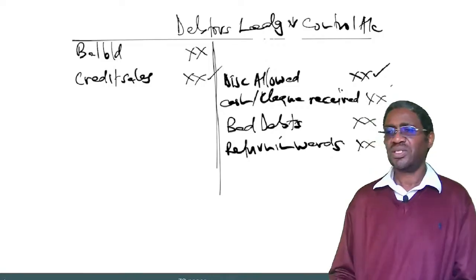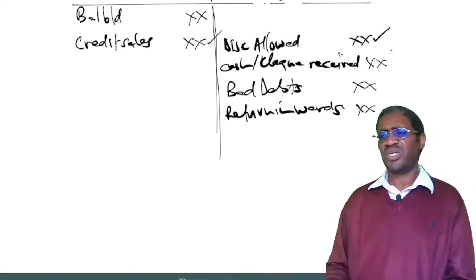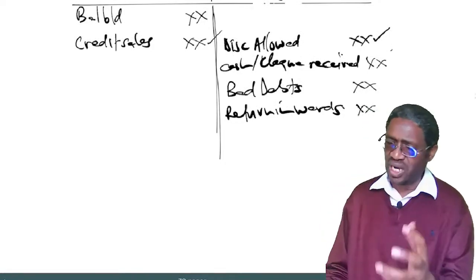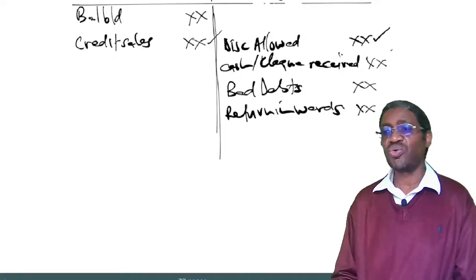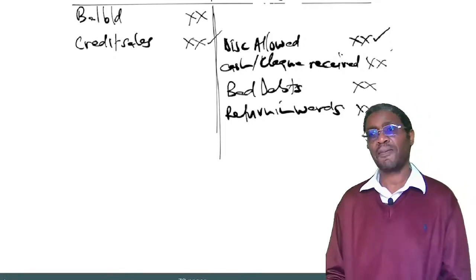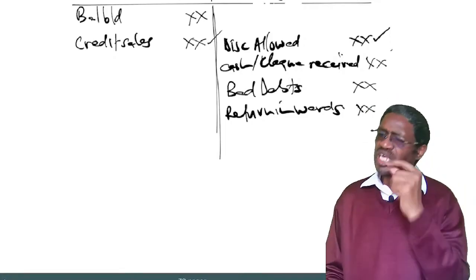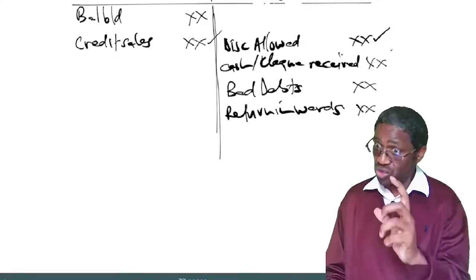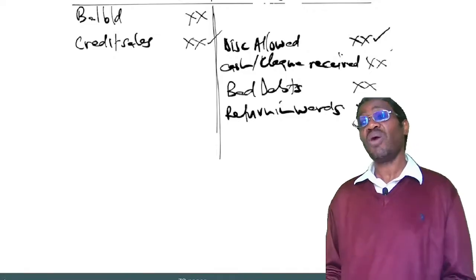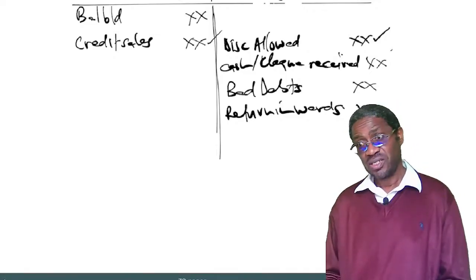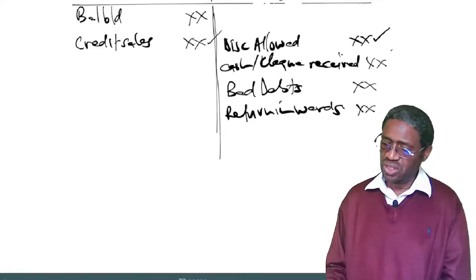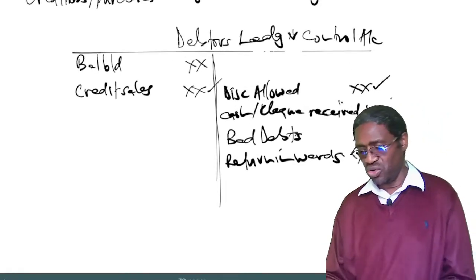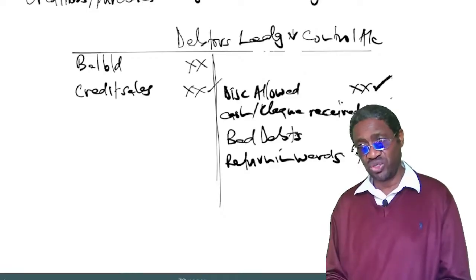Good. When you receive from your debtor, you debited bank if you received a check, or you debited cash if you received cash, and you credited debtors. Good. Then I've said, if you allowed your customers a discount, then they were paying you less. So with the discount allowed, you are going to debit discount allowed, and you're going to credit debtors. That's what I've told you.